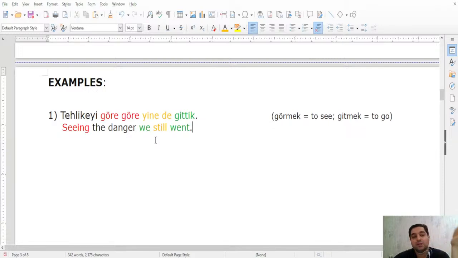It's about, you see, despiteness here. Despite the fact that we saw the danger, we still went. So here it's not necessarily equal with the görerek. Okay? Göre göre is not necessarily equal with görerek. So despite seeing the danger, we still went, or seeing the danger, we still went. That's an example where it will have a bit different meaning, okay?